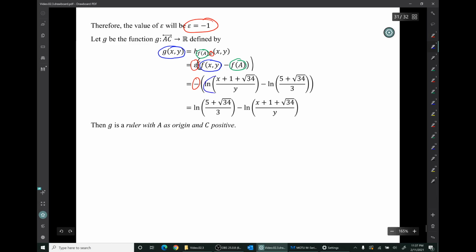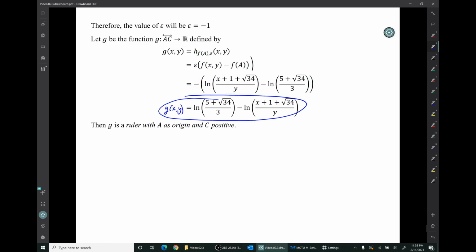There's our formula for the standard ruler parked there, and there's the expression for that number, f of A, there. That's just a whole bunch of messy stuff, and that can be simplified to this. G of x,y equals that mess. The result is that this G is a ruler with A as origin and C positive.